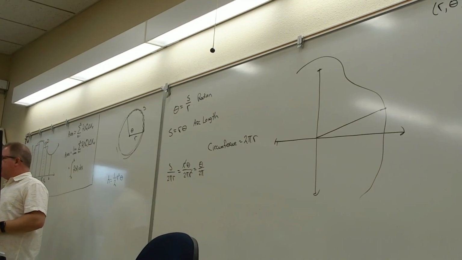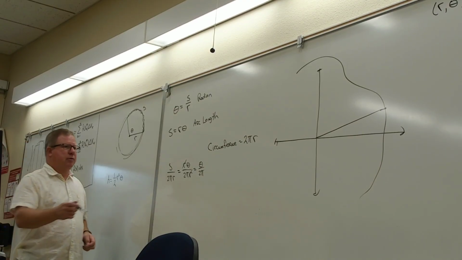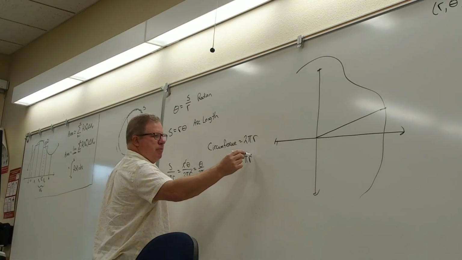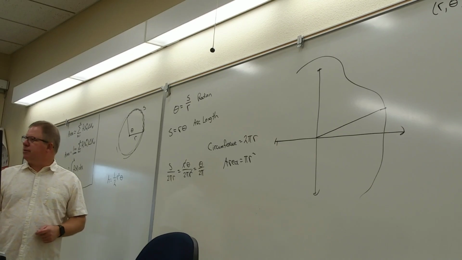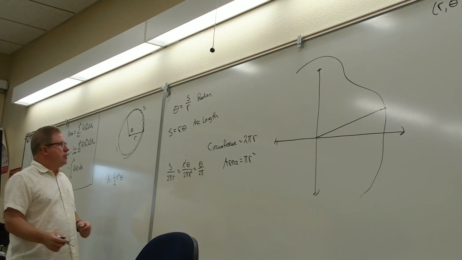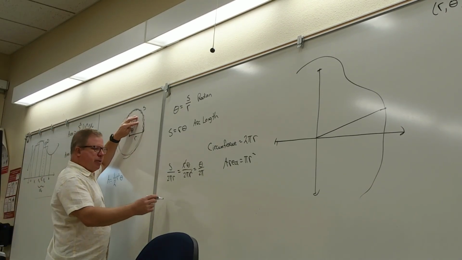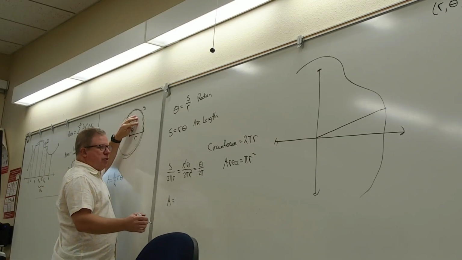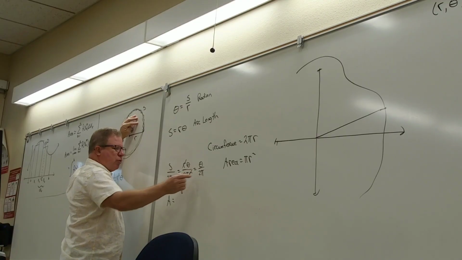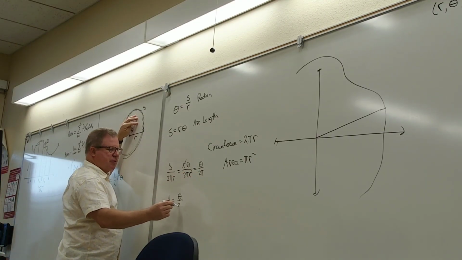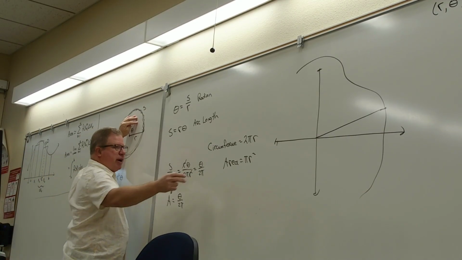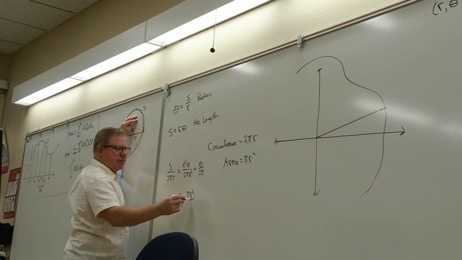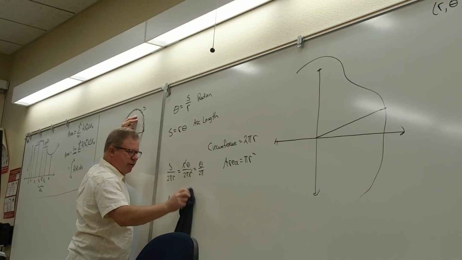Now, what's the area of the circle? Pi r squared, right? Correct? So if we want the area of this sector, this is the area of this sector, we take the fraction of the circle it is, and we multiply it by the area of the circle. Oh, that's just pi r squared.